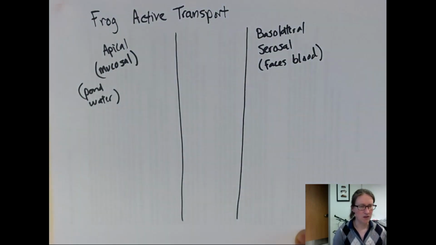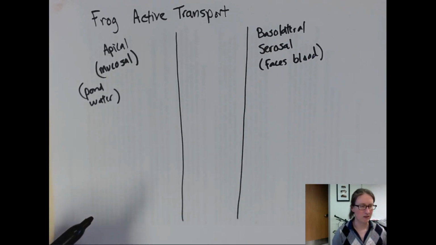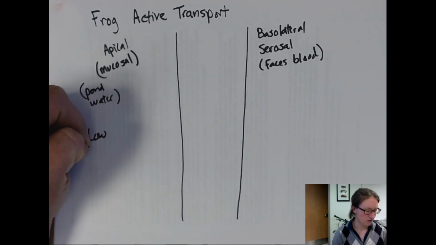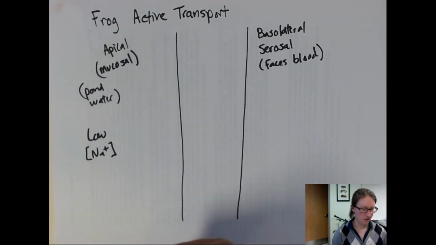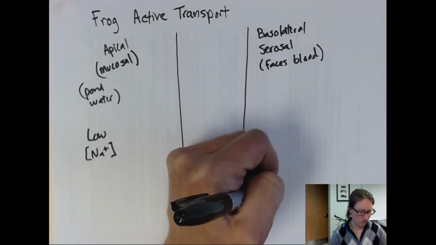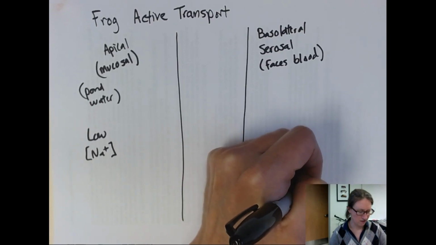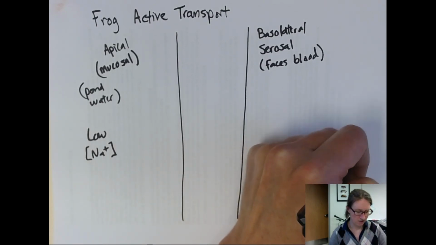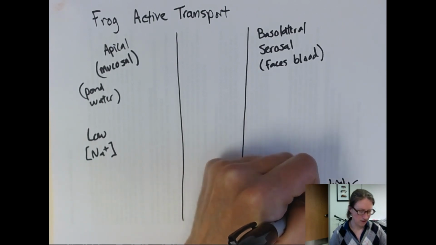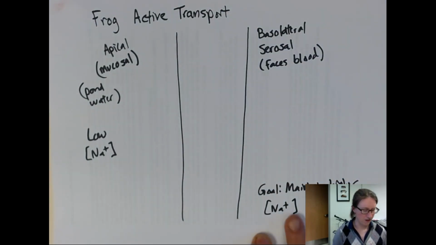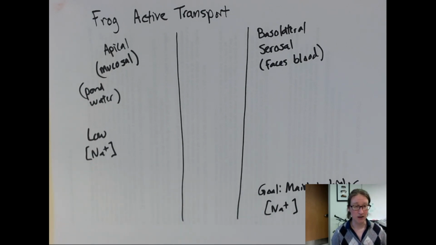So as you'll see soon, for frogs, one of the challenges that they face is they risk losing sodium to the external environment. So they exist in an environment that has relatively low sodium concentrations. And in contrast, they want to maintain higher sodium concentrations inside of their blood or their bodily fluids because that higher sodium concentration is very important for regulating a lot of physiological processes.